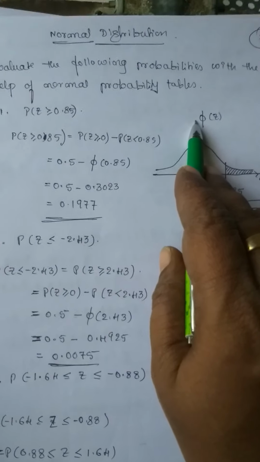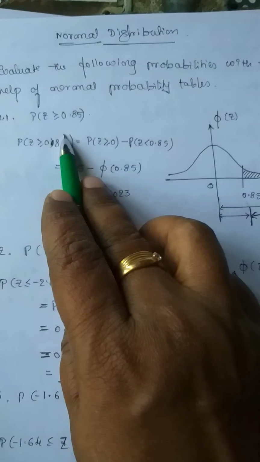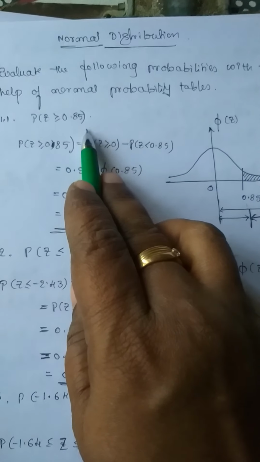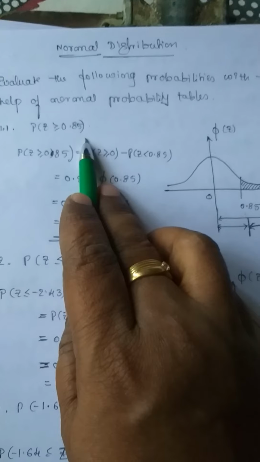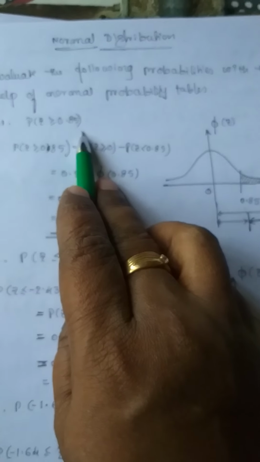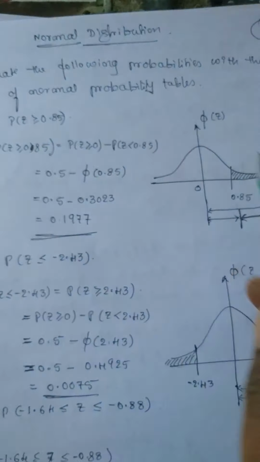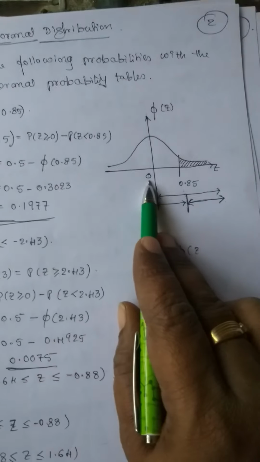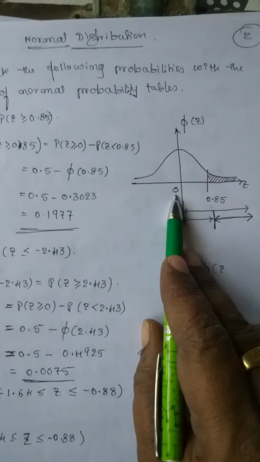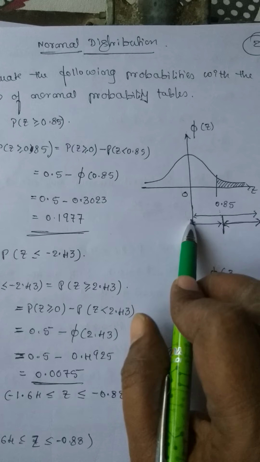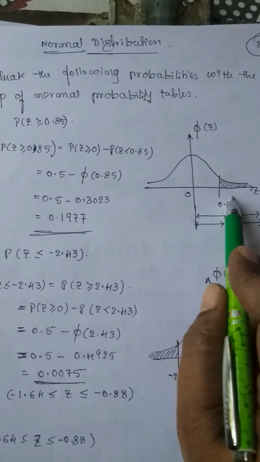When it comes to the problems, evaluate the following probabilities with the help of the normal probability tables given. Here we have to calculate P of z greater than 0.85. To understand the concept easily, you can take a bell-shaped curve as shown in the figure. This is phi of z and this is z.